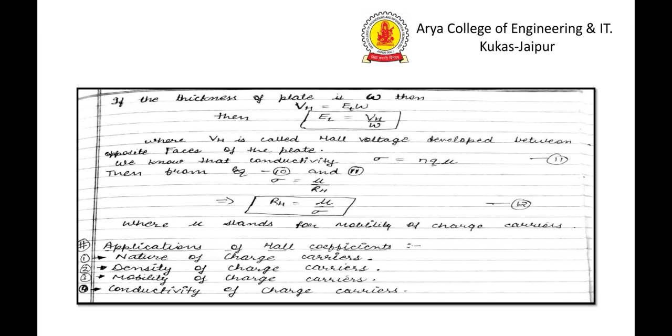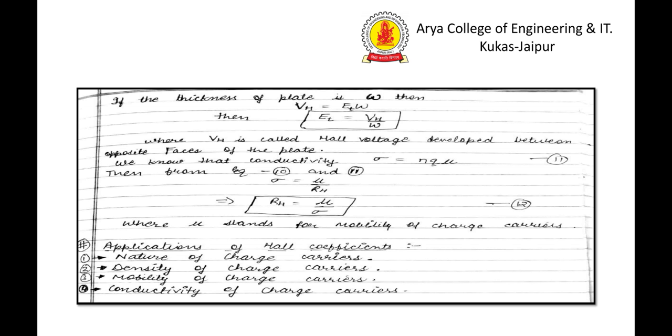Now we move to application of Hall coefficient. As we know that Hall coefficient R_H is equal to 1 upon nq. First application, we can find out the nature of charge carriers. If Hall coefficient is negative, charge carrier is electron.